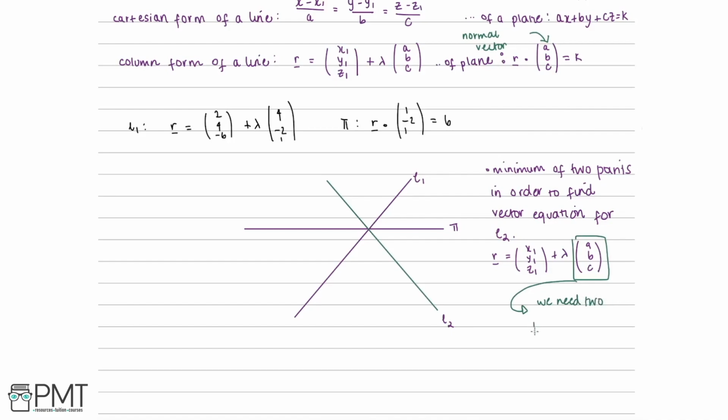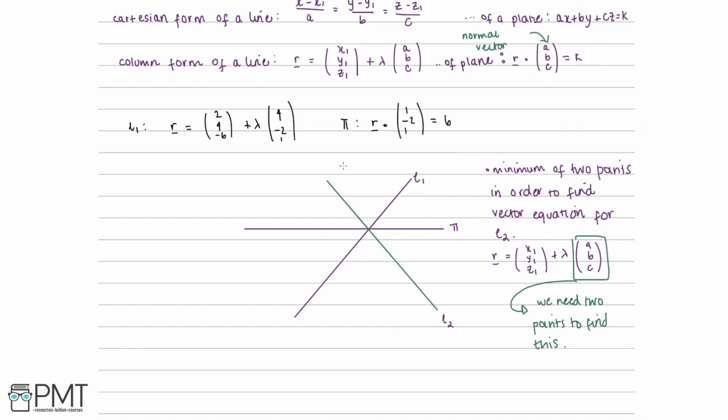However, in order to find (a, b, c), we will need 2 points in order to determine a direction vector on the line L2. And thus, we need a minimum of 2 points in order to find a vector equation for our line L2. So, looking at our diagram, which 2 points could we possibly use in order to find our vector equation of the line L2?